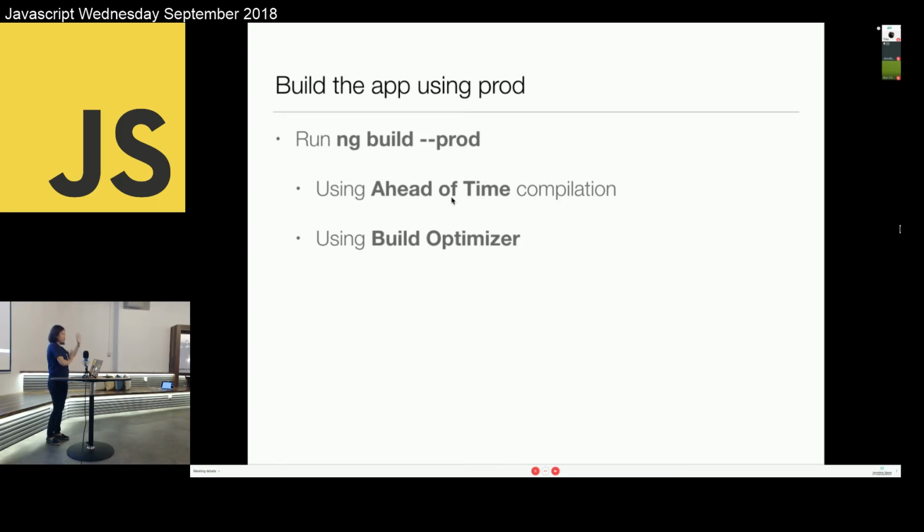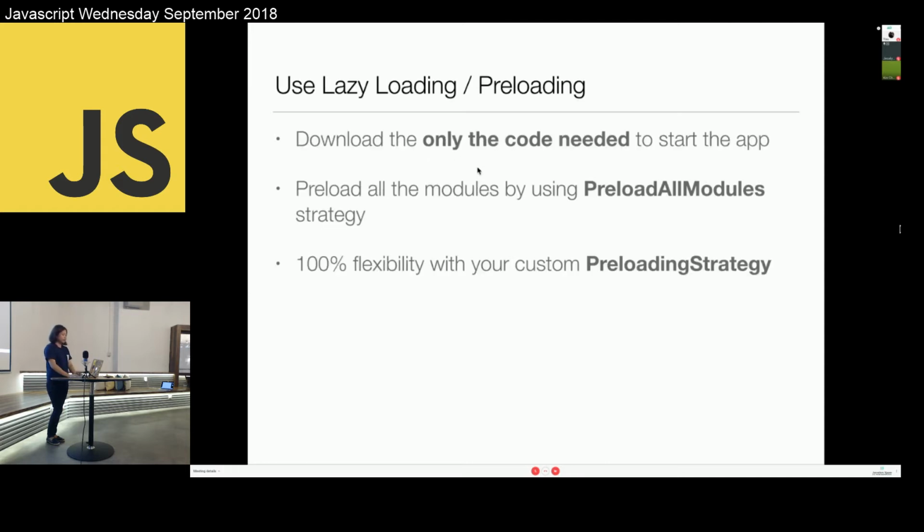Besides minifying and uglifying your code, it tries to understand your code and do some compilation to make it run faster during runtime. It also uses the build optimizer behind the scenes. But all you need to do is build with this flag.